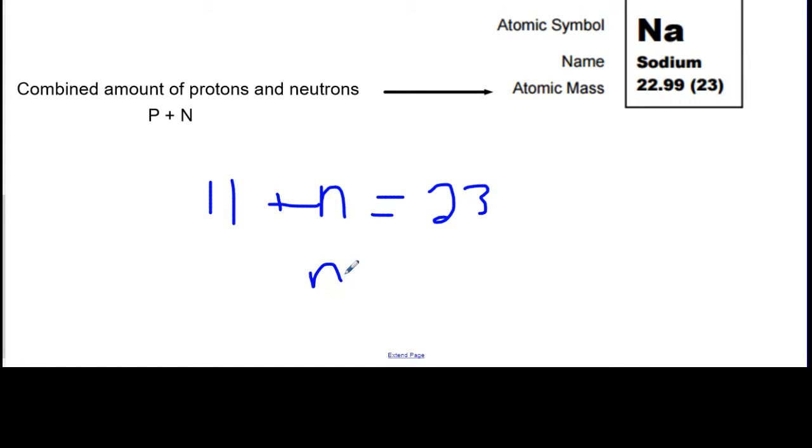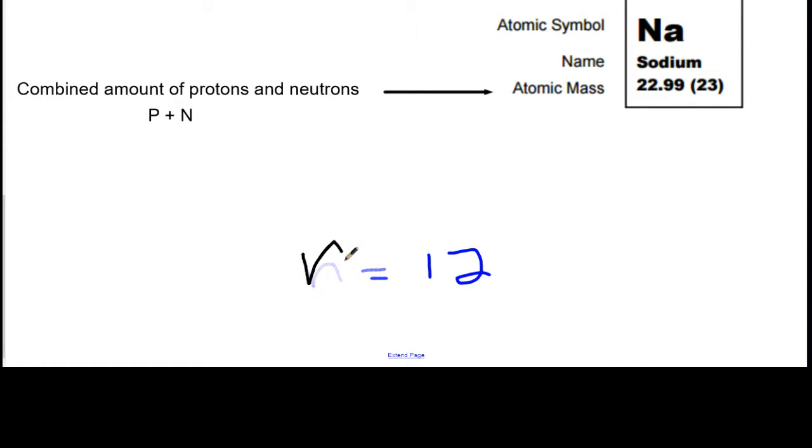So therefore, subtracting 11 from each side, we're going to get 12. So n will equal 12. So therefore we know there are 12 neutrons.